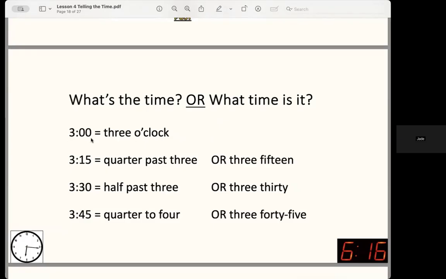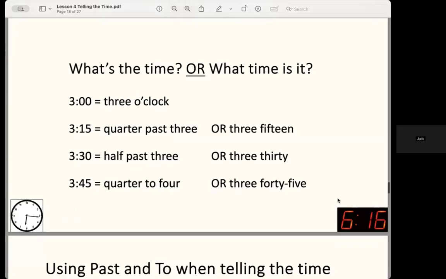Whereas we may say digitally 3 p.m. or 3 a.m. So 3:15 is quarter past 3 or 3:15. This one is 3:30 or half past 3. This one is a quarter to 4 or 3:45.